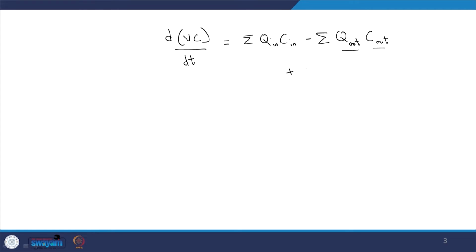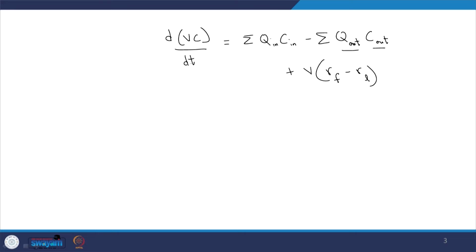Let us see how I can transform that particular equation. What do we have? We had d(VC) by dt, change in mass per time within that control volume, is equal to the summation of Q in and C in, or mass coming in, minus mass leaving the relevant reactor, Q out into C out, plus volume into rate of formation of the compound minus rate of loss of the compound, right.